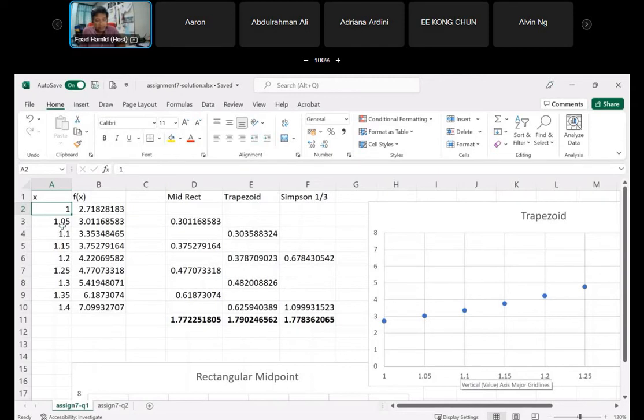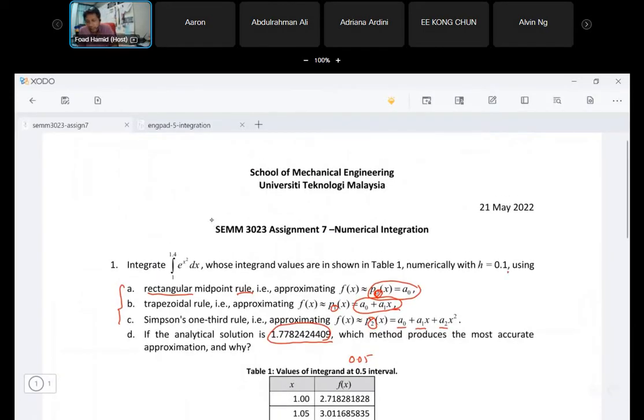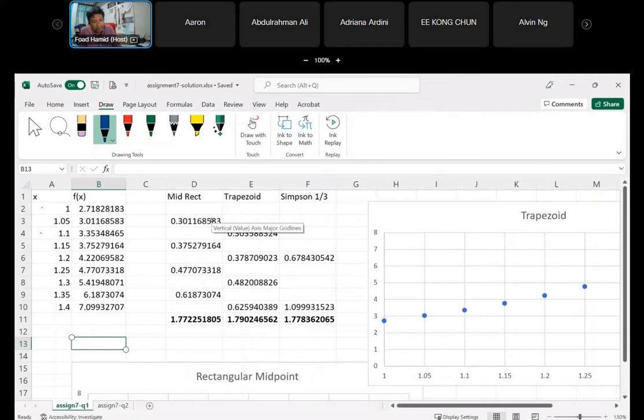So the question asks for using h equal to 0.1, using the rectangular midpoint rule, approximate this function. Note that I need to use from 1 to 1.1, and then from 1.1 to 1.2, 1.2 to 1.3, and 1.3 to 1.4.